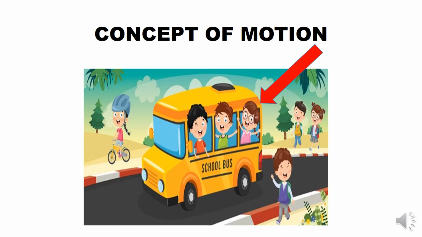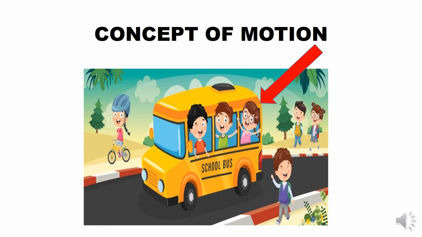They would see that the trees, buildings and poles of electricity are found to be in motion, right? I am talking about the child who is sitting inside the bus. इस बच्चे के लिए इसका बैग जो है जो बस में रखा हुआ है, that is stationary, and the things which are outside, that is poles, buildings, trees, friends outside the bus, they all are in motion.